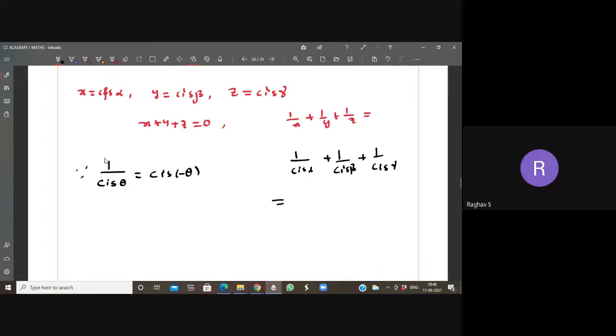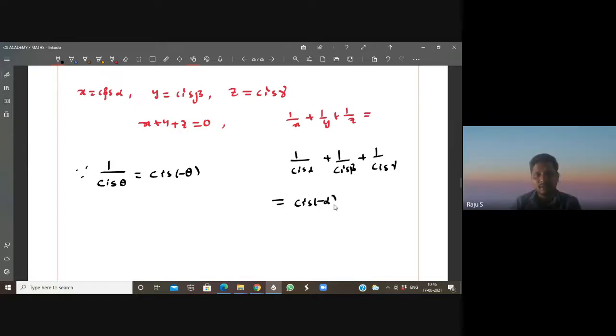So cis of minus alpha plus cis of minus beta plus cis of minus gamma. And one more property, cis of minus theta can be written as minus cis theta.